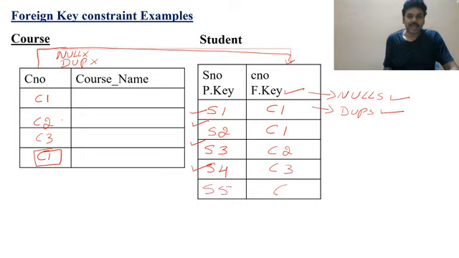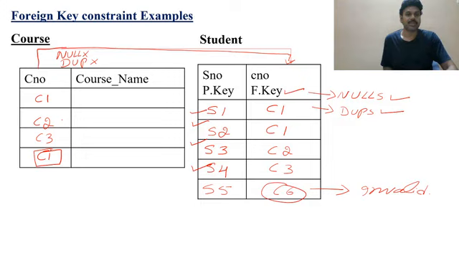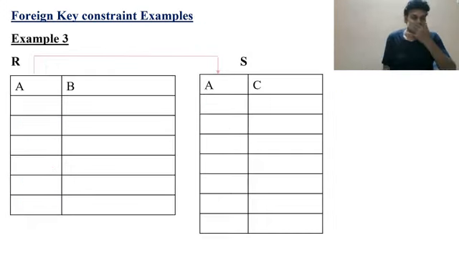S5, if I am writing C6, now you are in a position to say the answer. What is that? Invalid. I hope you are clear, friends, how you could prove addition integrity. Whatever value you are inserting in child, that value is supposed to be available in master.